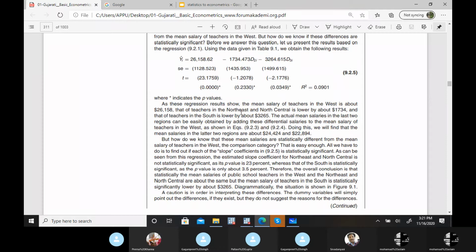That of teachers in the North and North Central is lower by about 1734 because of this negative coefficient. And that of teachers in the South is lower by 3265. The actual mean salary in the last two regions can be easily obtained by adding these differential salaries to the mean salary of teachers in the West.